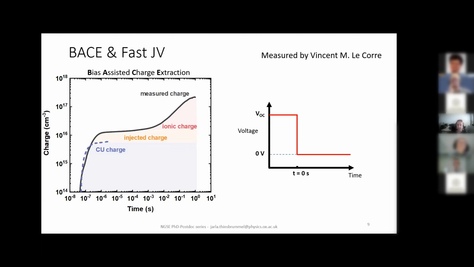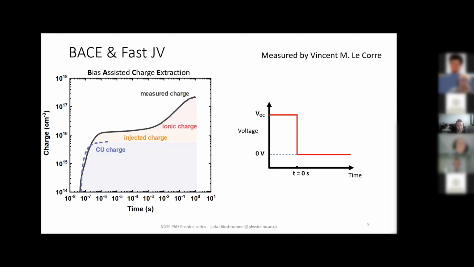And this is our so-called CU charge. So our device works as a sort of capacitance, and there's a certain charge on the plates that we're extracting initially, and that is called the CU charge. And those are just electrons. So we see that the electrons are moving very fast, at about 10 to the -7, 10 to the -6 seconds.